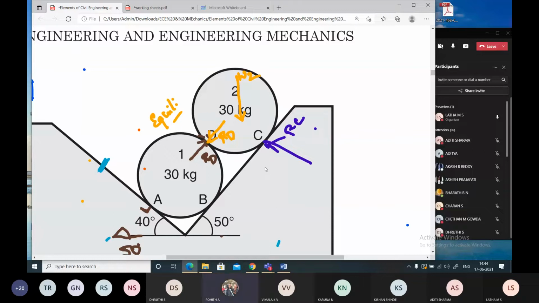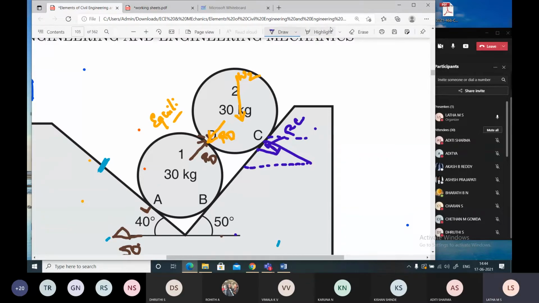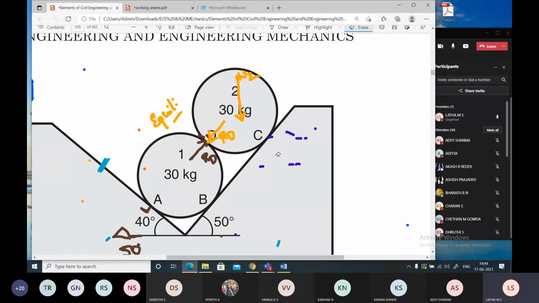40 with respect to horizontal. What is the angle it is making with respect to horizontal? 40. What is the angle it is making with RC, RB?